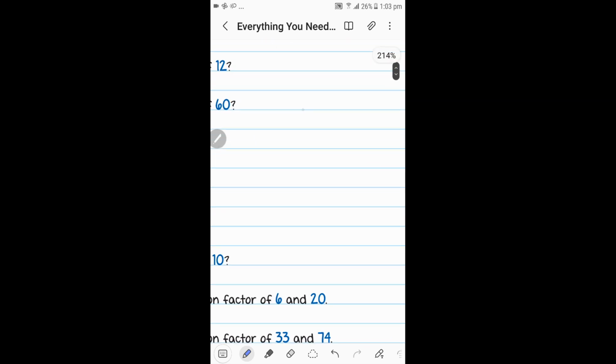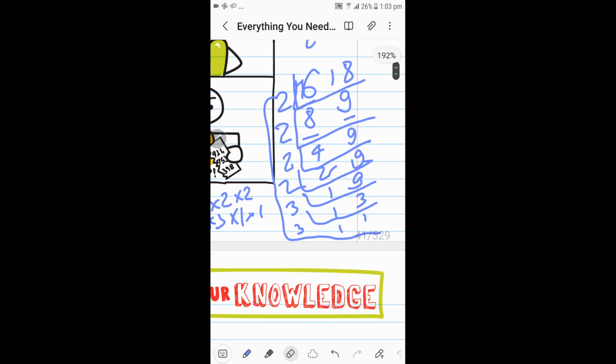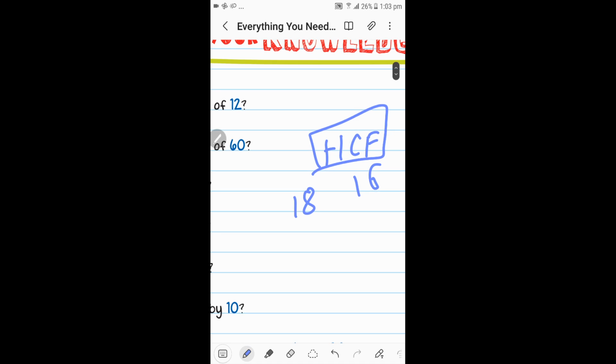Now, yes, to the LCF. LCF is a little bit different. So the LCF of 18 and 16. Previously in LCM we did it in the same bracket, but in LCF we do it separately.